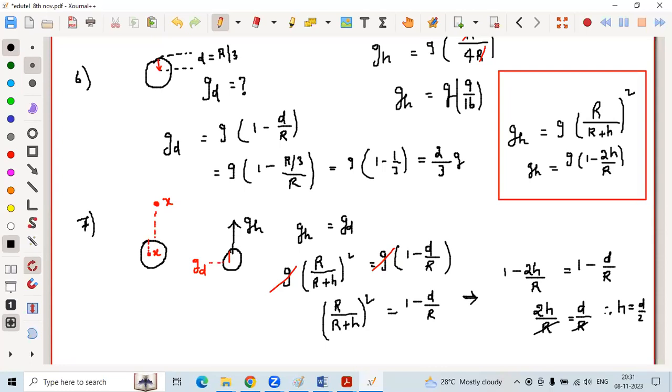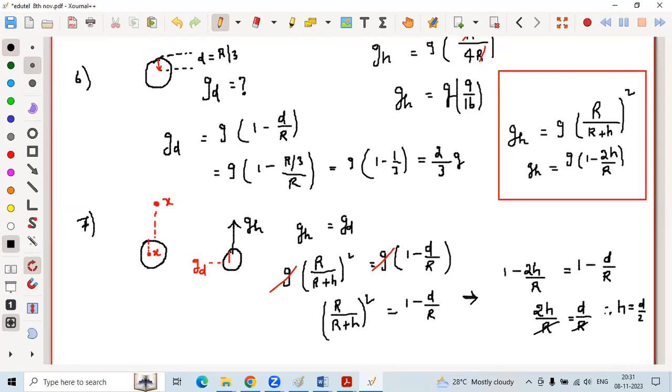This is also a previous year question. At the center, if you go and stand at the center of the earth, what is the gravitational field? Can anyone say? 0, sir. 0. Very good.